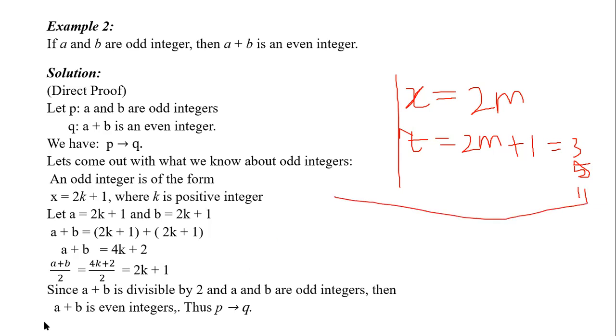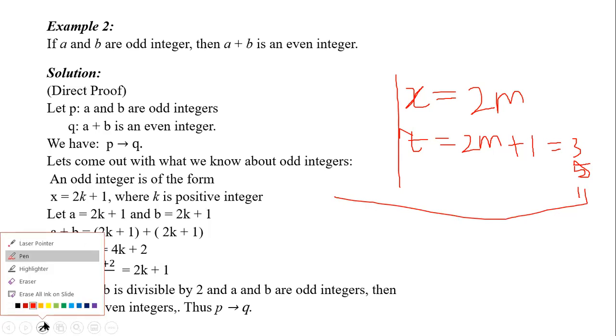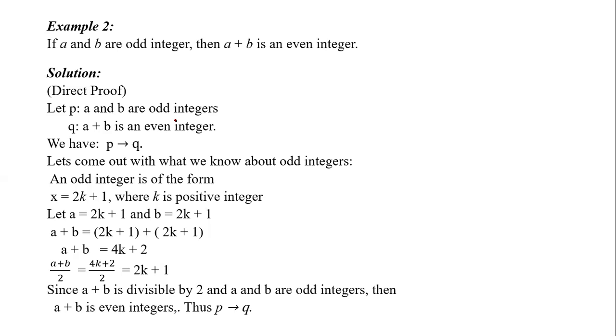So we are saying that let P be: a and b are odd integers. Now, careful. Q is: a plus b is an even integer.